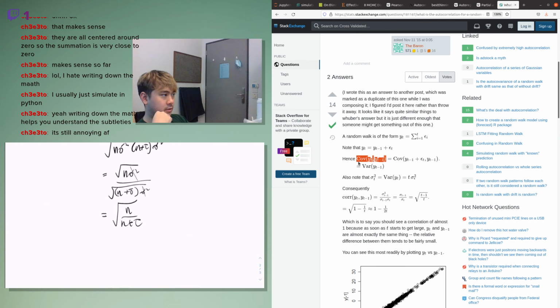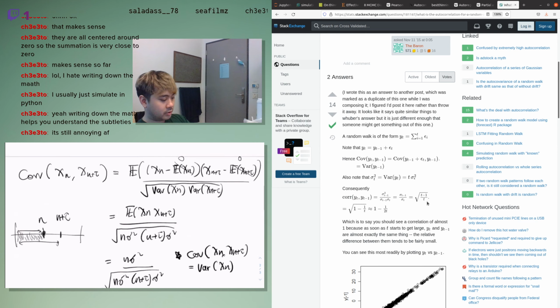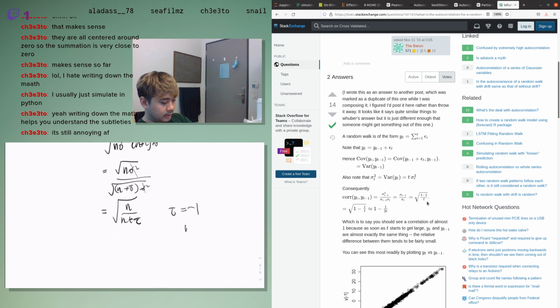So in this particular case, to match what this page is writing, if you have your n equals tau minus 1, that's what it's saying. Oh no, or rather your tau is equal to, whoops, tau is equal to minus 1, then this will be finding the correlation with n and n minus 1. Oh wait, why is mine upside down? Shoot.